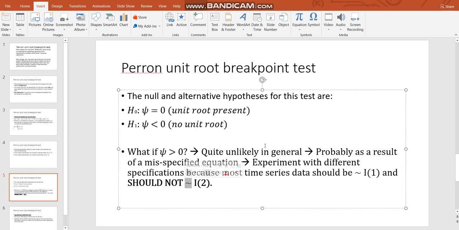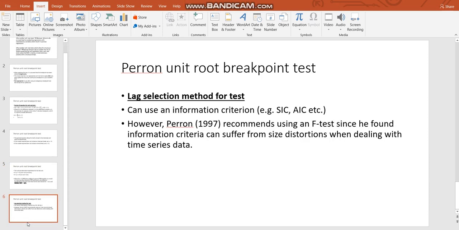So if you find that, the short answer is that you've probably specified the test wrong. So make sure that you experiment a bit with your test specification, and hopefully you should get results which imply that it's integrated to an order of 1.